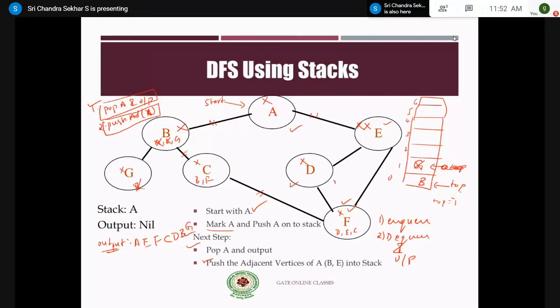Now we have the top element as B. This B is already popped and pushed, right?